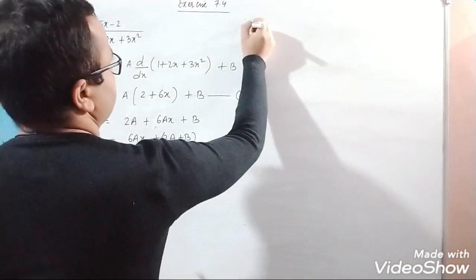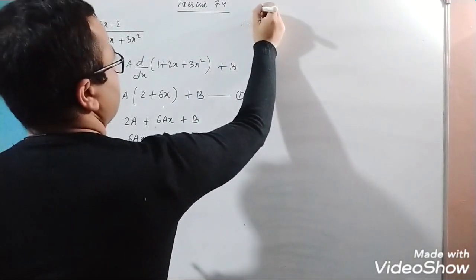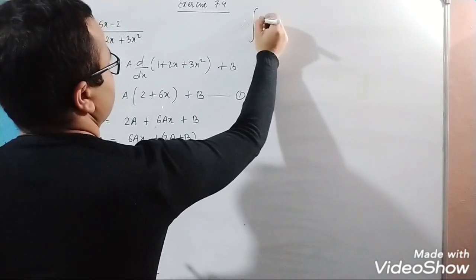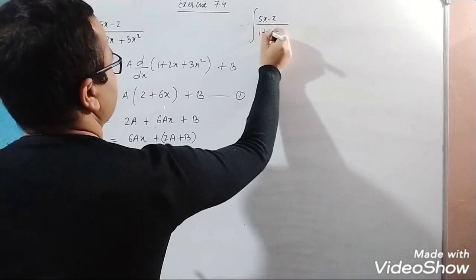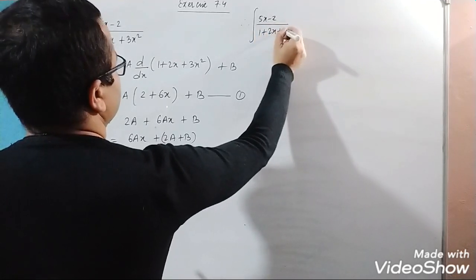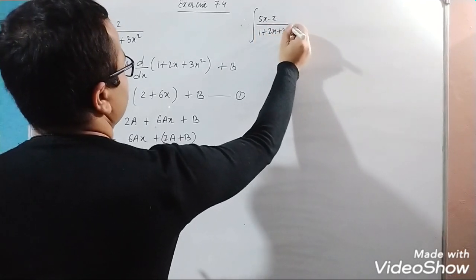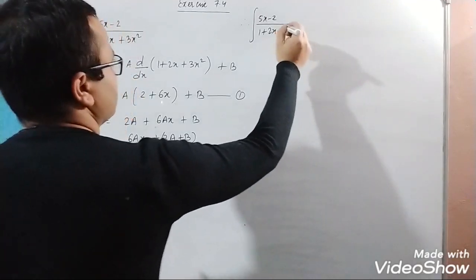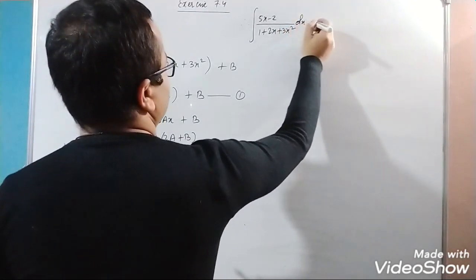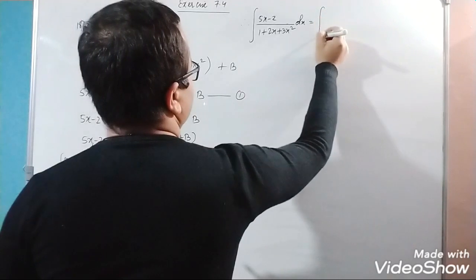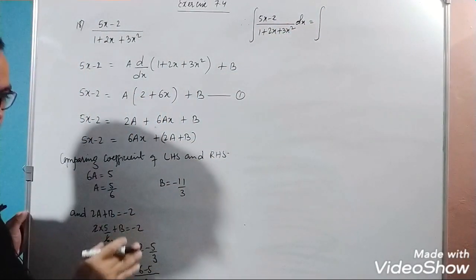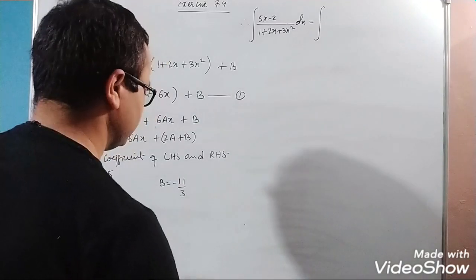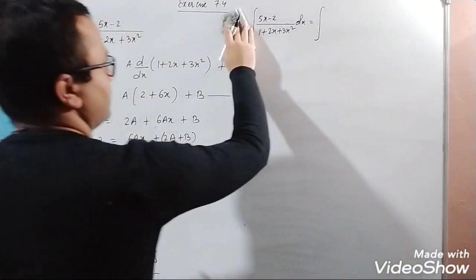Therefore, integration of 5x minus 2 divided by 1 plus 2x plus 3x square dx equals integration of, first we will find the value of 5x minus 2.